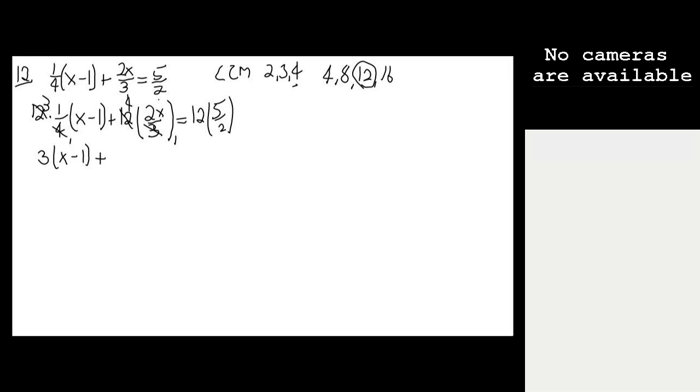So I can just put this into my calculator. x is equal to 2 plus the square root of 280 divided by 6, and x is equal to 2 minus the square root of 280 divided by 6. That's how you work out your 2 answers.